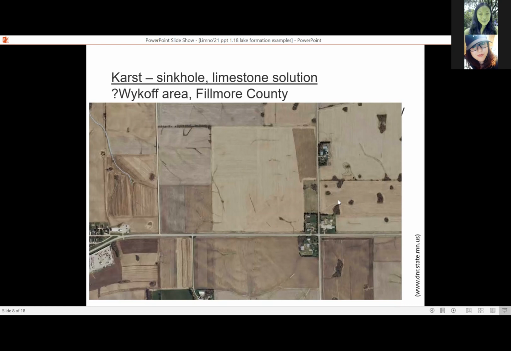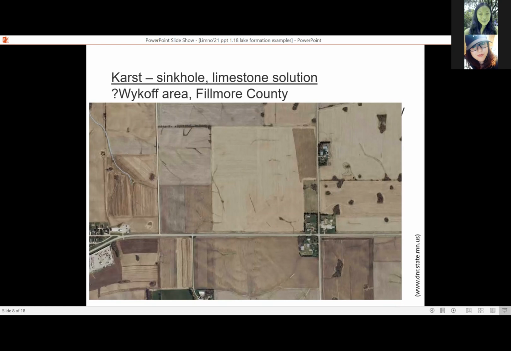Like you look out and you see the tops of trees in these little pockets. And these are all sinkholes. Underlying this very flat landscape with a very thin layer of glacial till, under this is very flat limestone, and it's just riddled with caves and subterranean channels and a whole lot of these sinkholes.